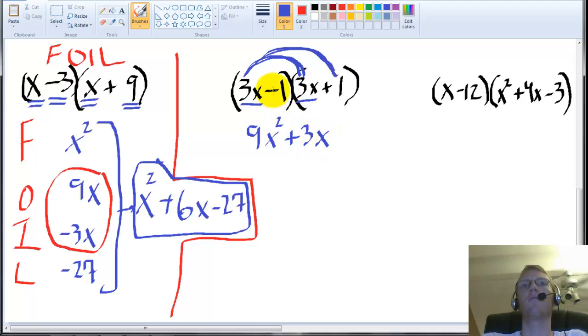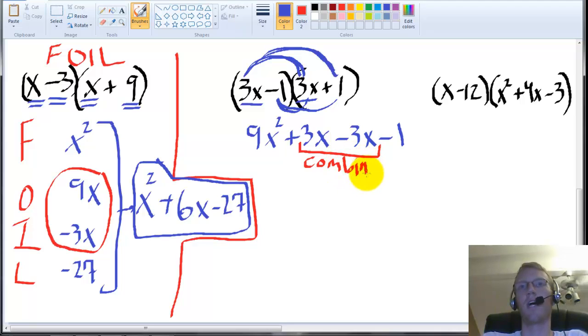Okay. Then I do this guy times this guy. Negative 1 times 3x is negative 3x. And last, I do this guy times this guy. Negative 1 times positive 1 is negative 1. Okay, these two guys, not only do they combine, but actually they cancel. So they combine to 0.